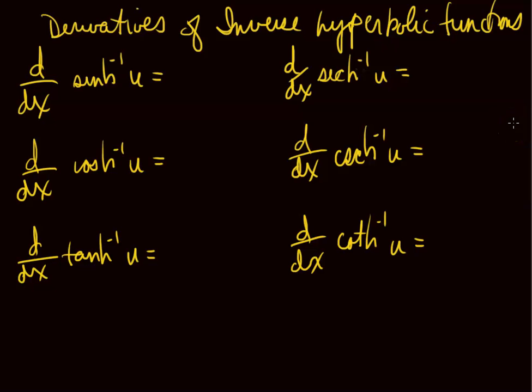So, these may look familiar. 1 over square root 1 plus u squared du dx. That's the inverse sinh. Now, this is where it gets a little, well, I guess, 1 over the square root u squared minus 1 du dx.